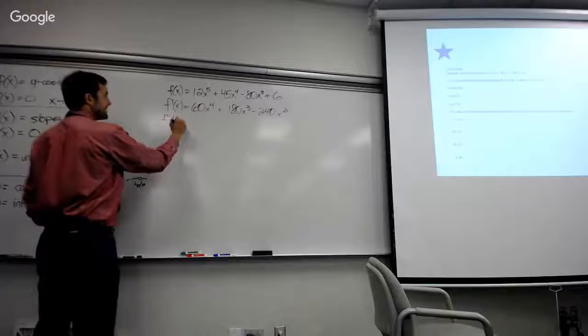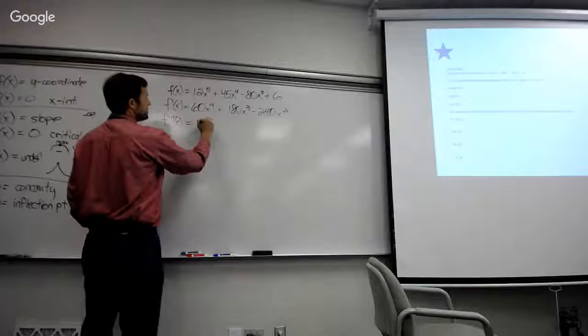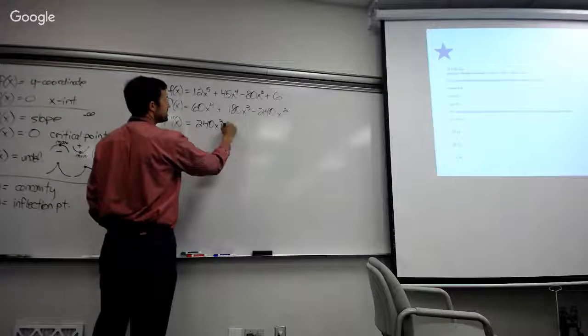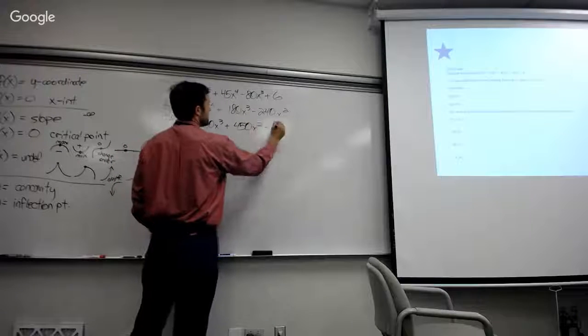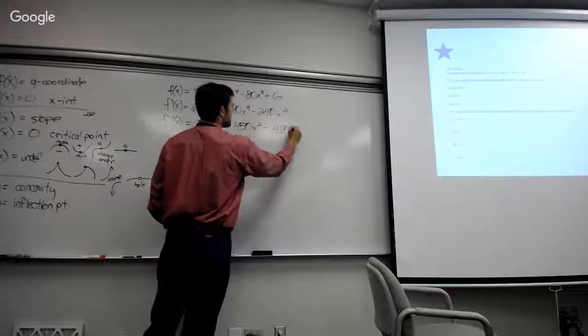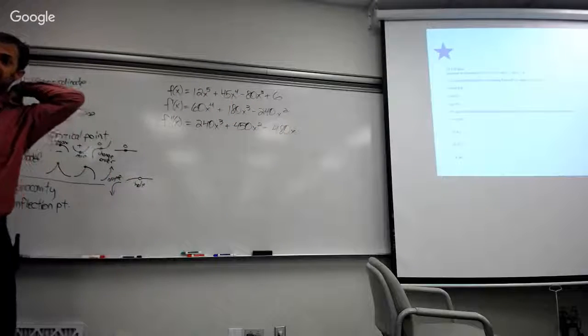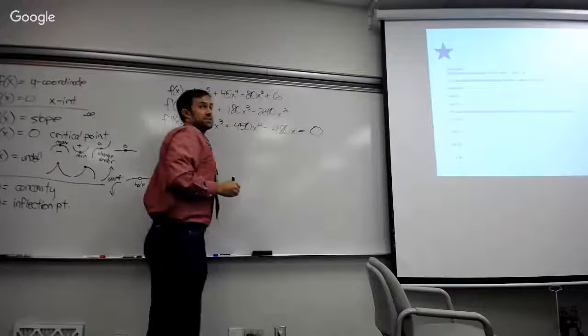But we need to get our second derivative, and so that would be 240x cubed plus 180 times 3 is 450, x squared minus 480x. So we want to know, when is our second derivative equal to 0? Because that will be our inflection points.